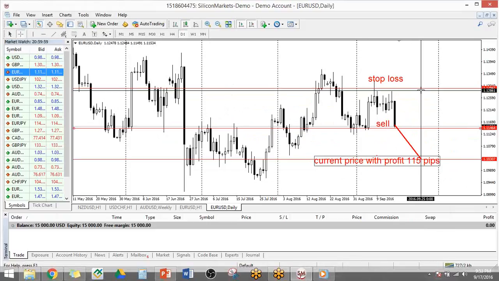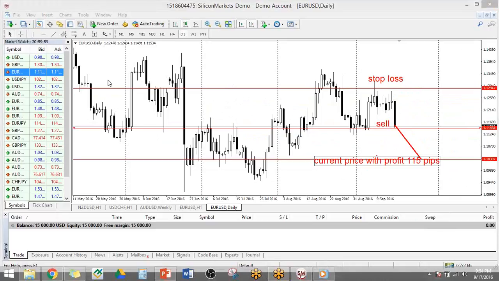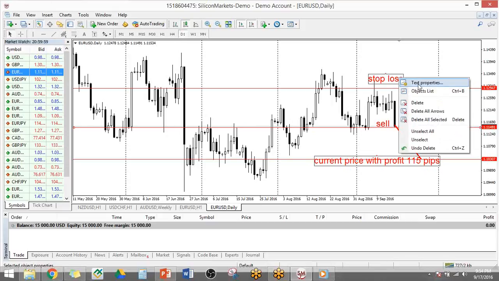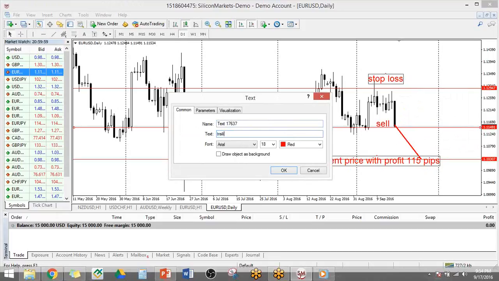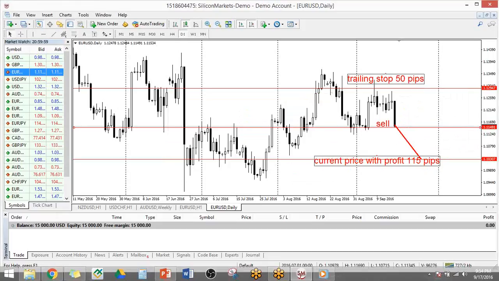Now, our stop loss is over here, and let's say we made a trailing stop of 50 pips. So what happens is every time the current price moves by 50 pips in our favor, let's say right now it's at 1149.